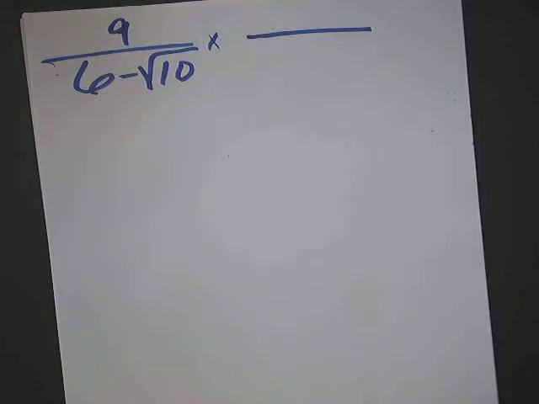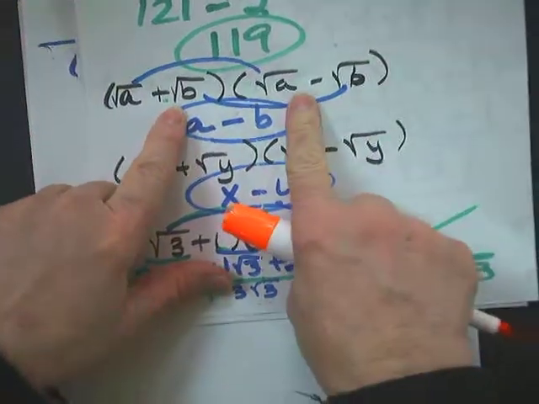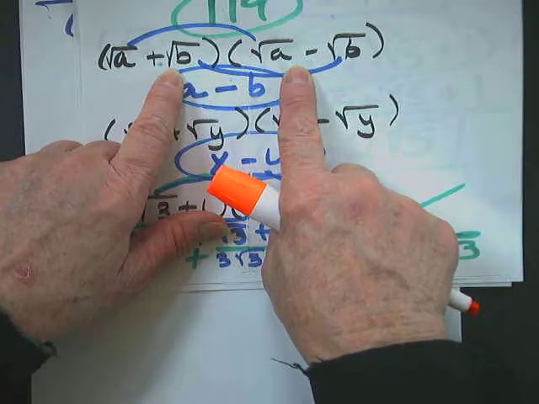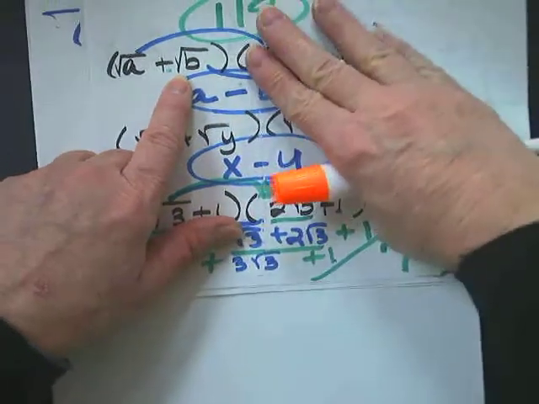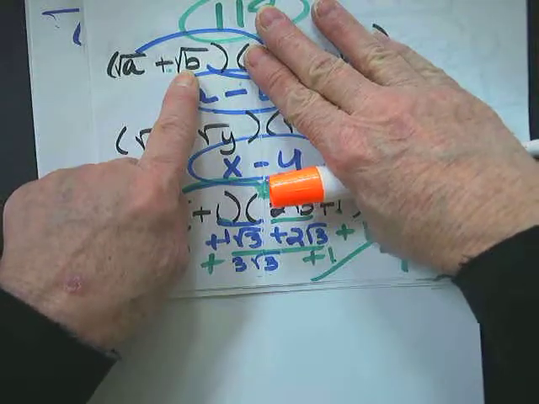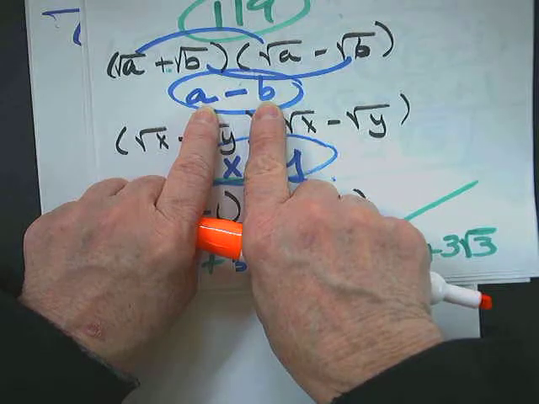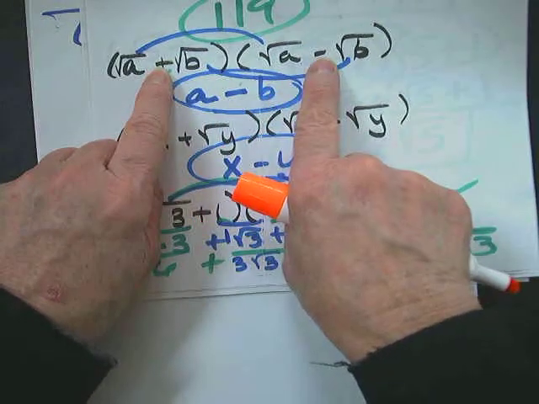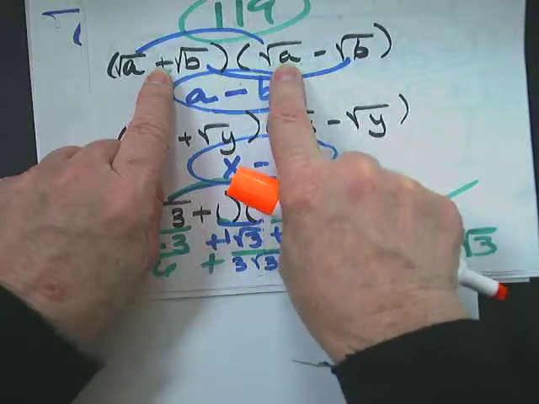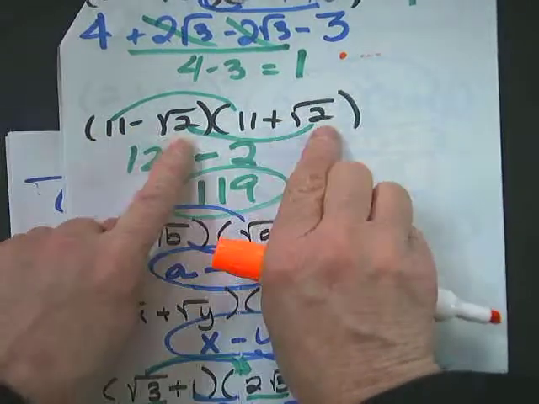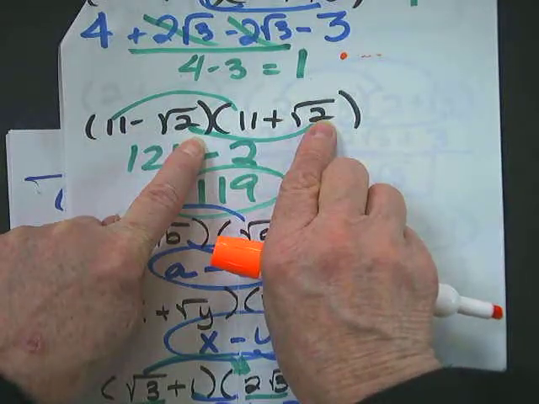We need to multiply by something that will get rid of this. You cannot just multiply by square root of 10, because if we multiply this times square root of 10, that would make this still be a square root of 10 that stayed under there. Okay. Go back to our lecture that we just did, and let me remind you what happens when you have things like this.